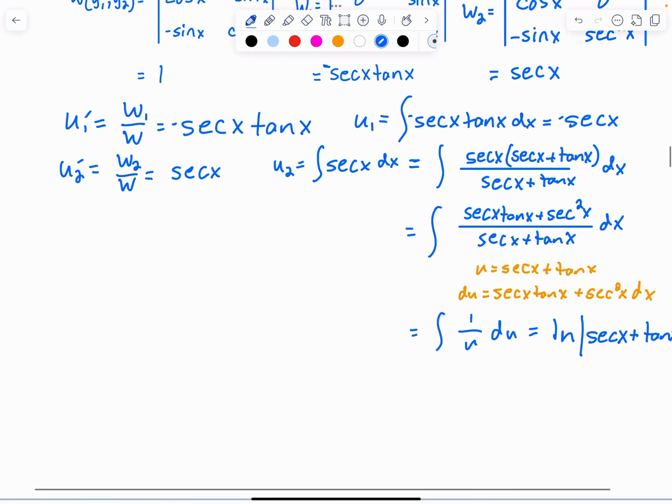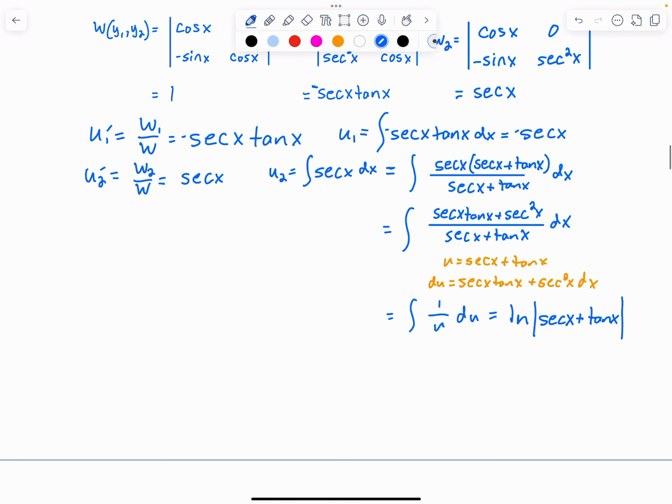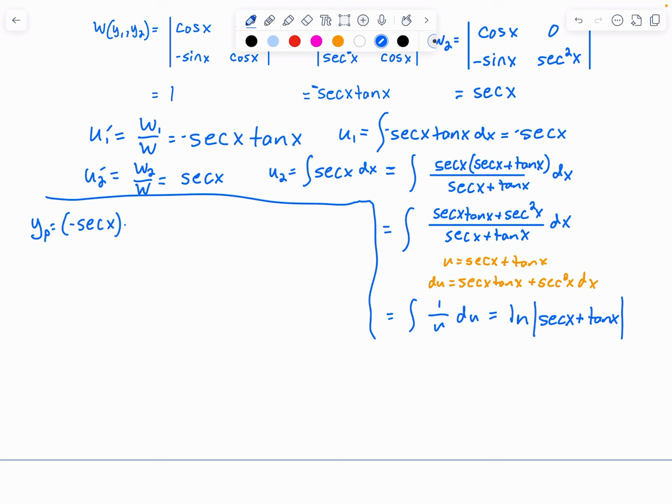All right, so we have u1, we have a u2. Now I can find my particular solution. The particular solution is going to be the first thing, which was negative secant, times y1, which was cosine, plus the next, which was the ln of secant plus tangent, and then times, I think it's sine.